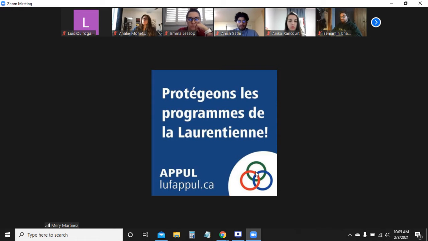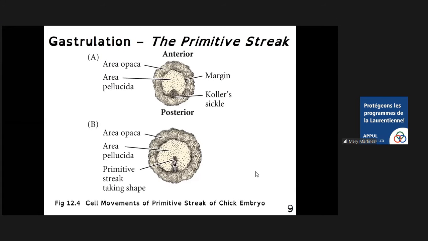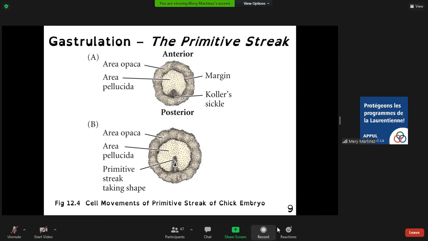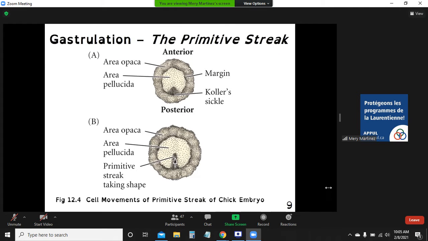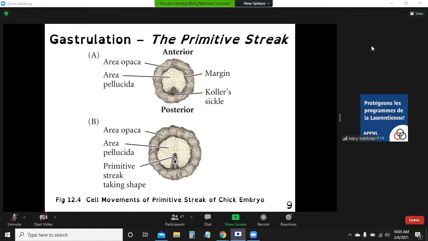I don't know what happened, but now I have 3 screens. Okay, can you see the presentation now? Now I'm trying to put you guys over here so I can see you. Perfect.